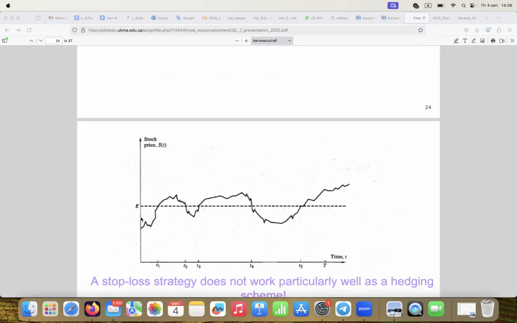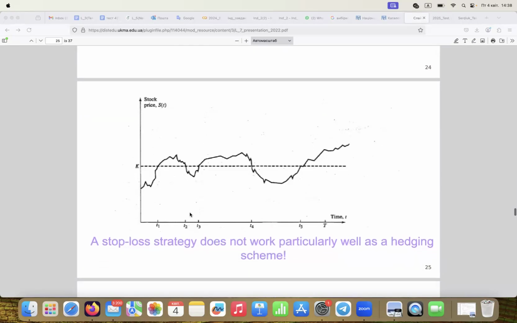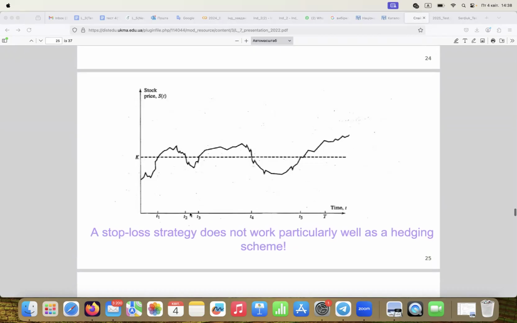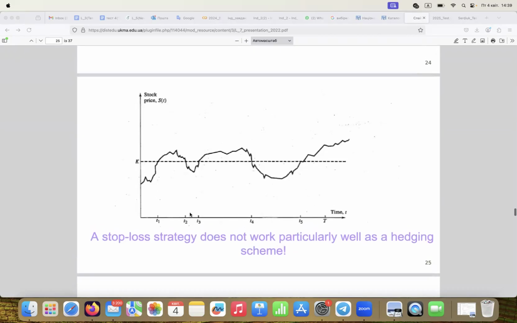So first we need to fix some K, and after that we need to observe when the price moves above K, and very quickly buy or sell our stocks. So it is like a covered position.